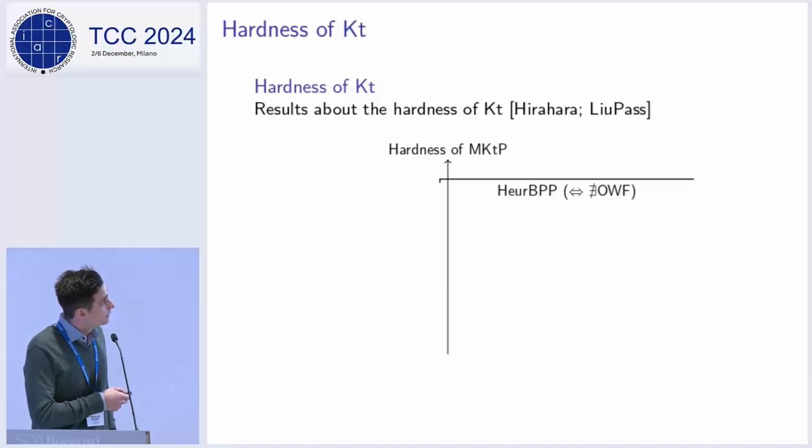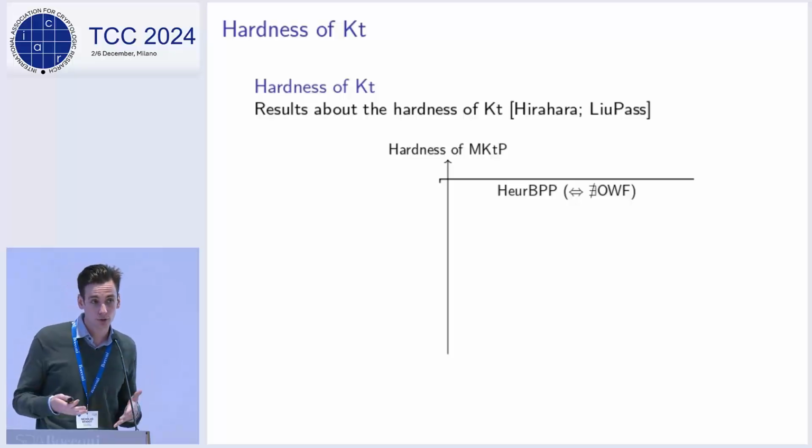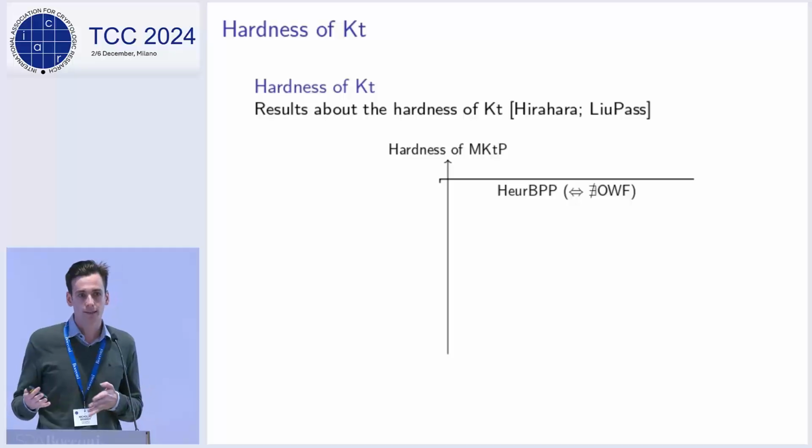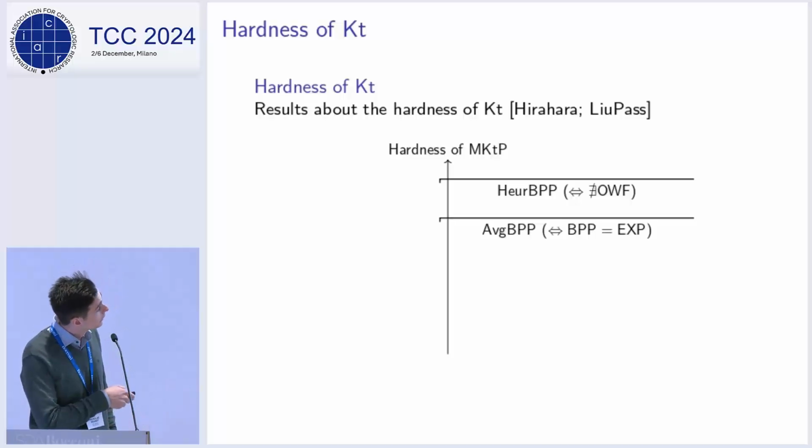One reason is that Yanyi Liu and Rafael Pass essentially relate the hardness of KT to 2 interesting complexity theory and also crypto applications. Namely, if MKTP, so hardness being up here, so if KT is more upwards, then it's harder.